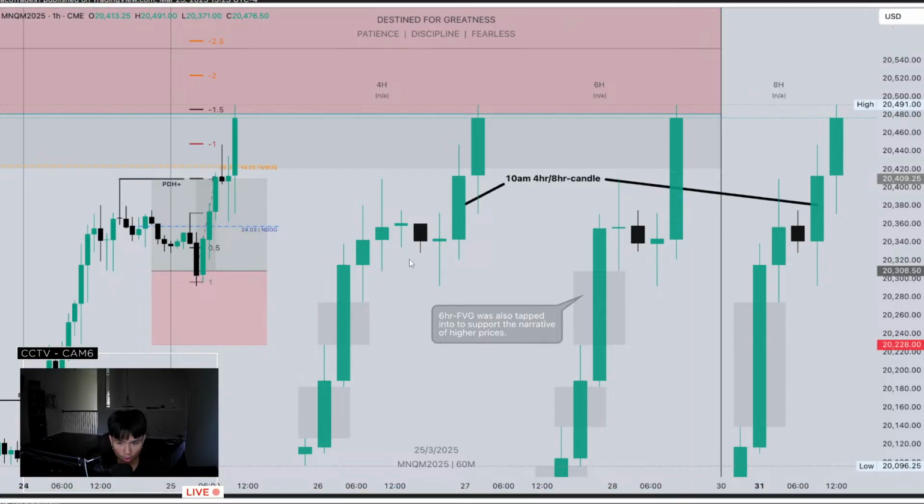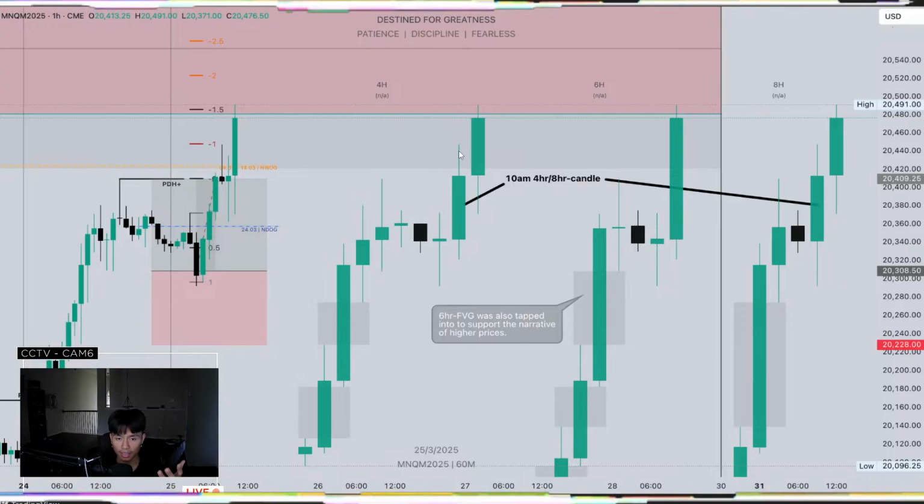And one thing that I also want to mention is that notice how this 4-hour candle closes and this 8-hour candle closes during the morning of March 25th. It suggests higher prices.